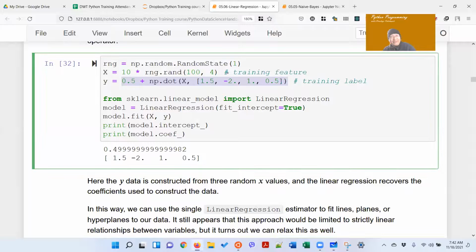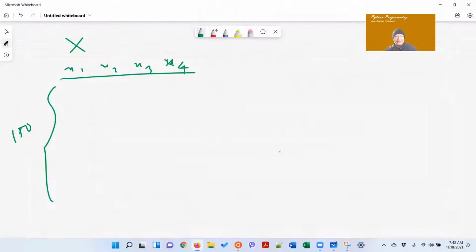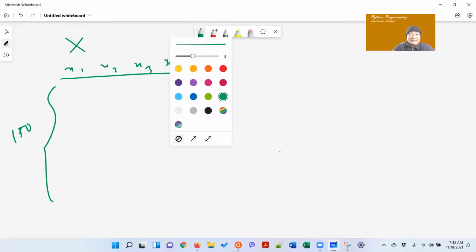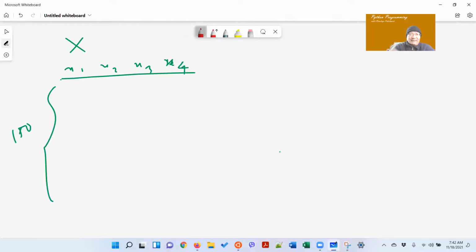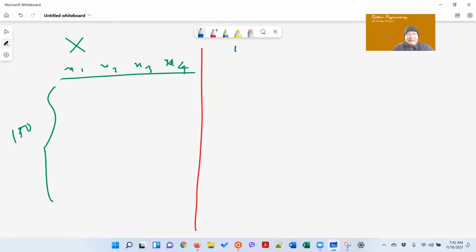Okay, so y ma 0.5 plus np dot x, and let's say y. About y, we're trying to create y. Let's create y.